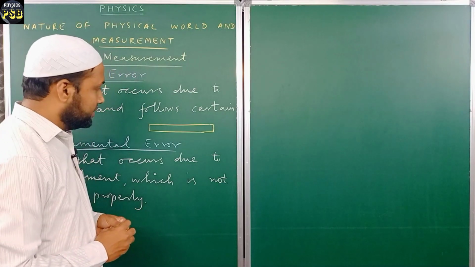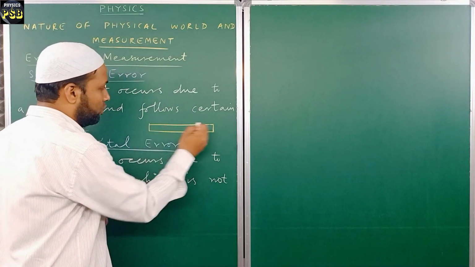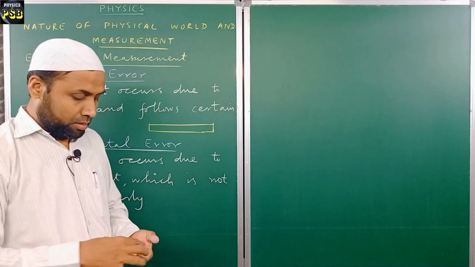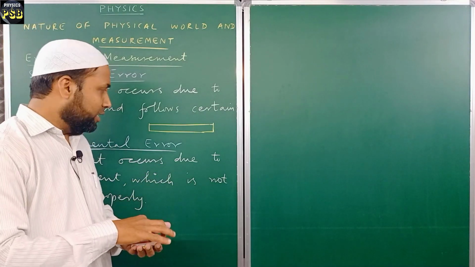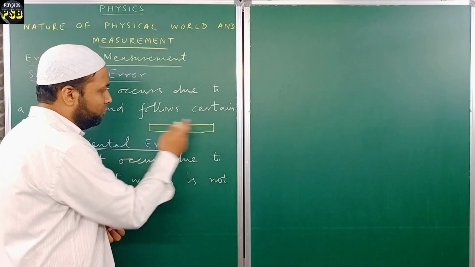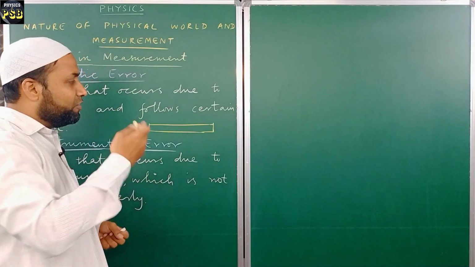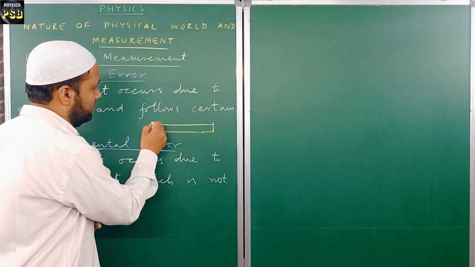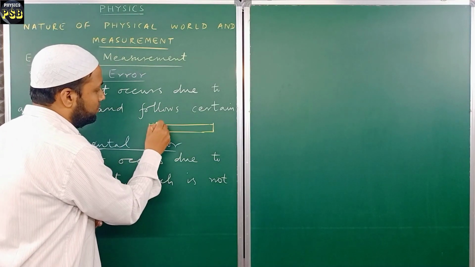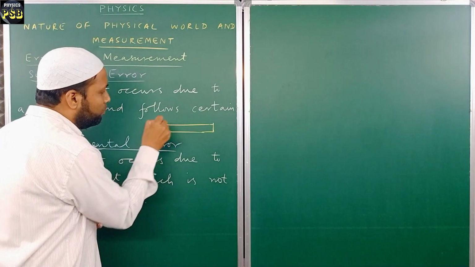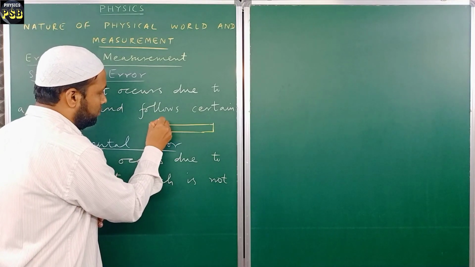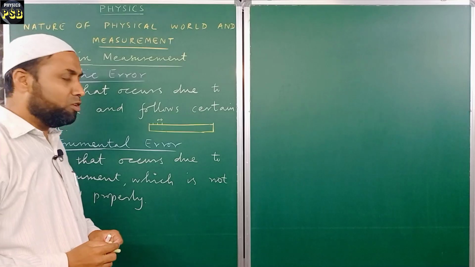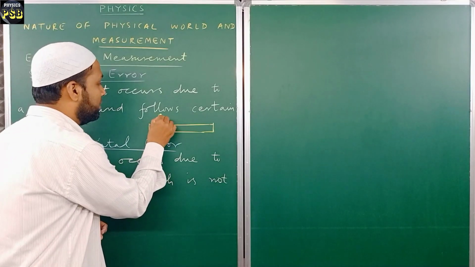The distance between the two edges of a meter scale is nothing but 1 meter. So here in calibration, what is done? The points between the edges are divided into 100 equal points. So if you select any 2 consecutive points, the distance between them will be equal to 1 centimeter.